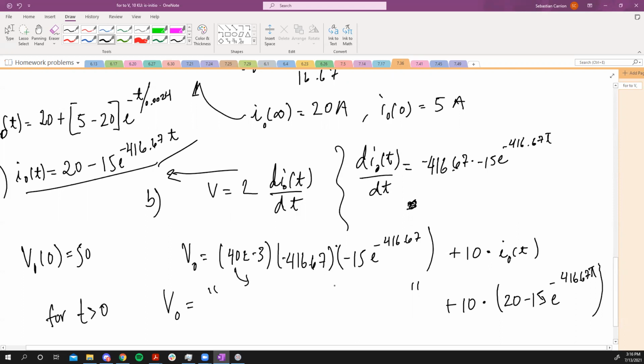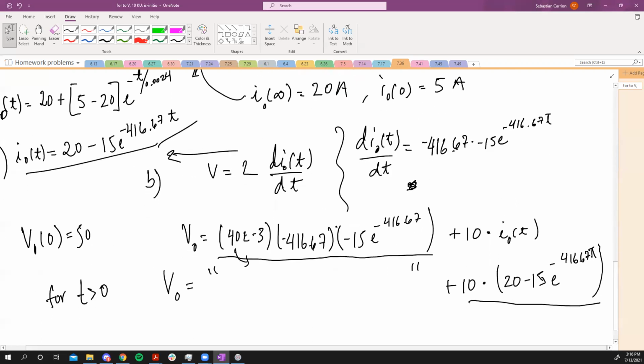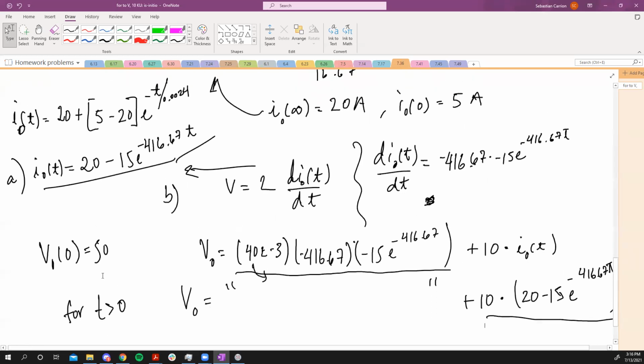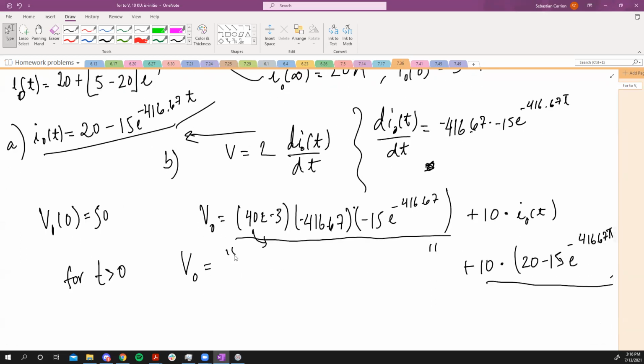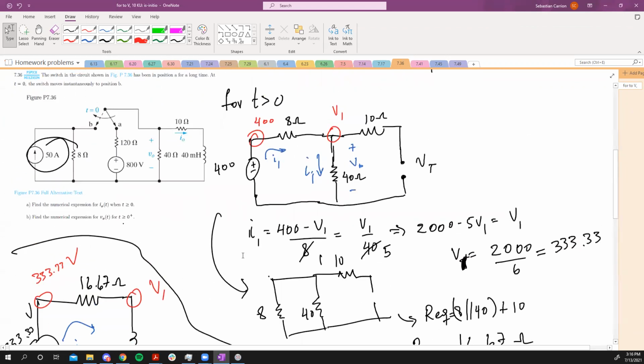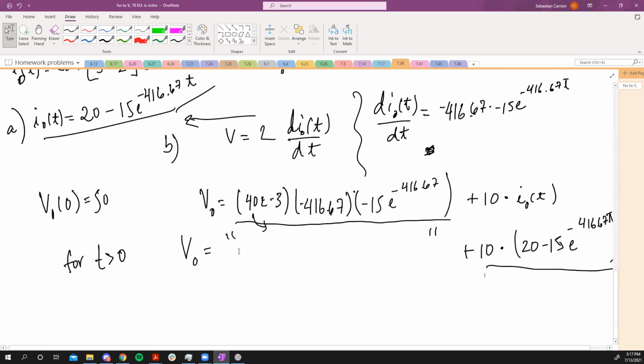This would essentially be everything highlighted here plus this, and it is going to be our function of V naught for time greater than 0. And is there anything else missing? No. Yeah, that'd be it. It's a long number.